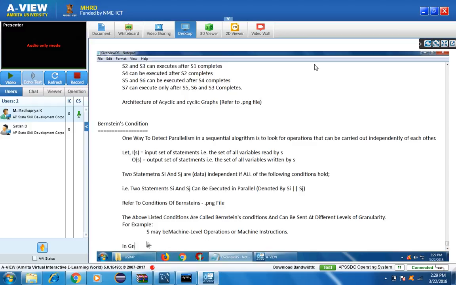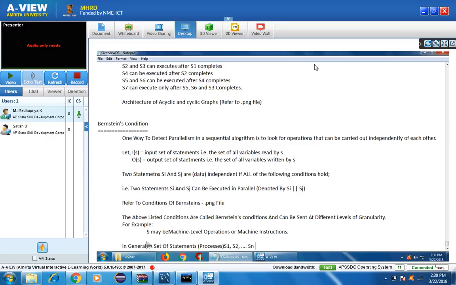Now, how do you describe it? You can say, in general, a set of statements is nothing but called processes, or you can call it a set of processes. Set of statements may be related to machine level operations or machine instructions. And what does it mean? Set of statements, what are they? Processes. How do you denote them?